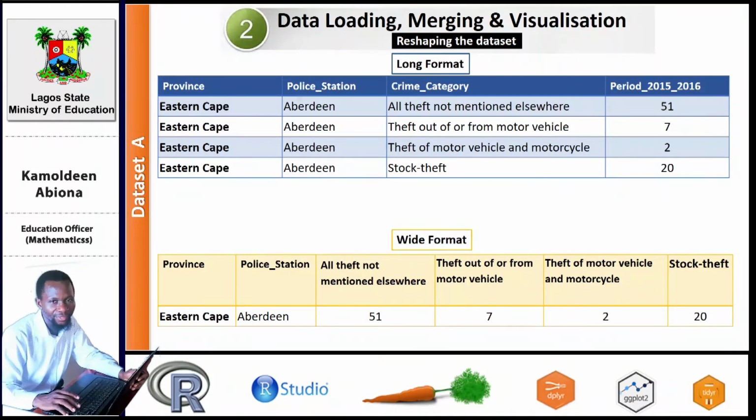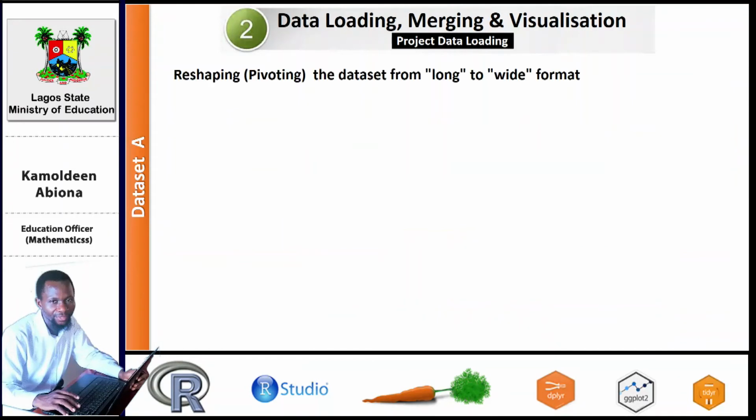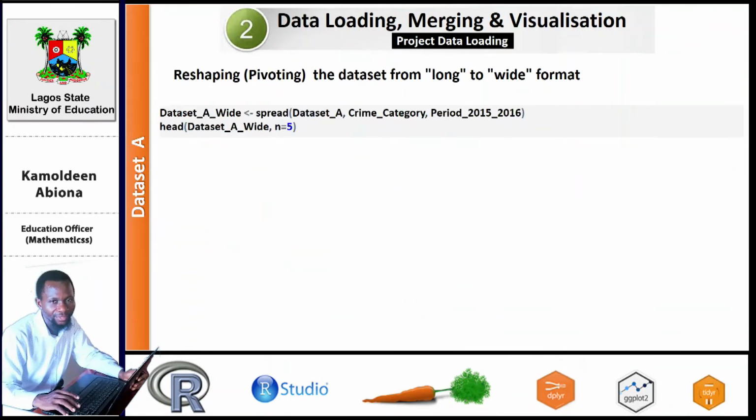In order to execute that in our R Studio, we are going to use the keyword spread. Spread will do that for us. It's one of the functions we use in data manipulation.